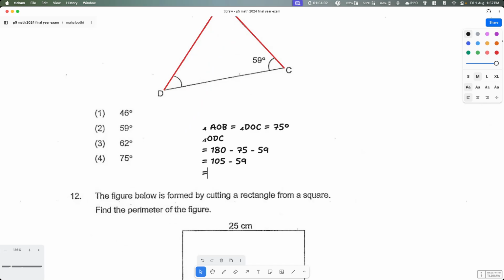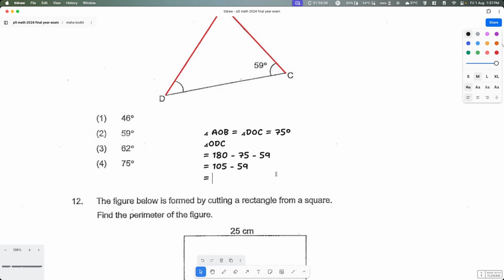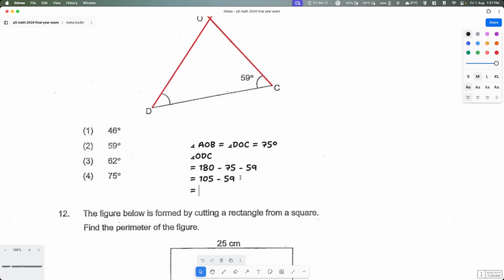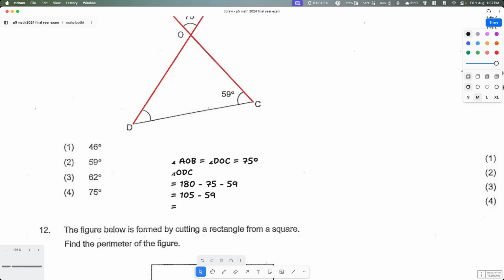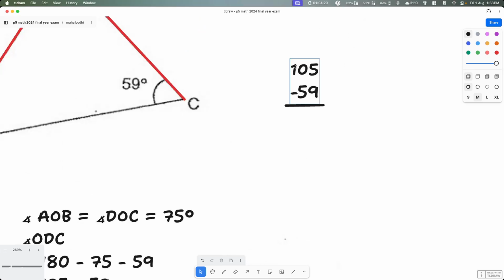Yeah, I need to do working, but essentially 5, 15, 6, 46. So I'm going to do the workings. Over here 5 cannot minus 9, so I cancel 10.